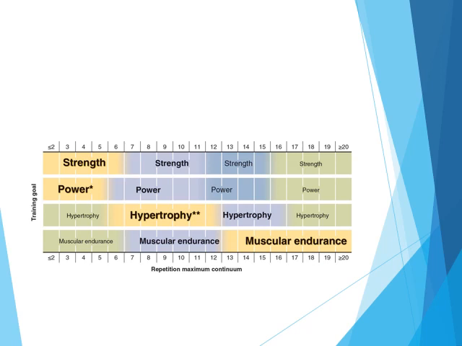Take for instance where your main training goal is hypertrophy. You're seeing the rep range for hypertrophy, but you are getting a degree of muscular endurance, strength, and power even when you're working on hypertrophy. However, the primary adaptation you're working for is hypertrophy.